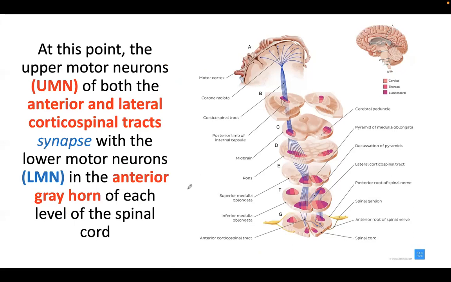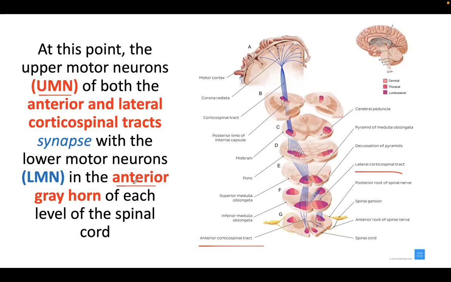Now, at this point, the upper motor neurons, which we refer to as UMN, of both the anterior corticospinal tract and the lateral corticospinal tract will now synapse with the lower motor neurons in the anterior horn cells of the spinal cord. Now, question, what is the landmark or the boundary between upper and lower motor neuron?